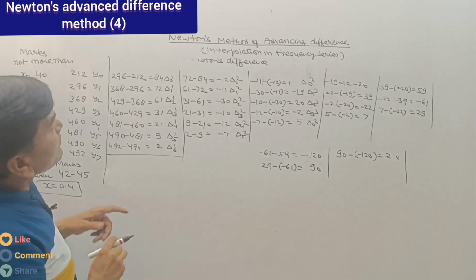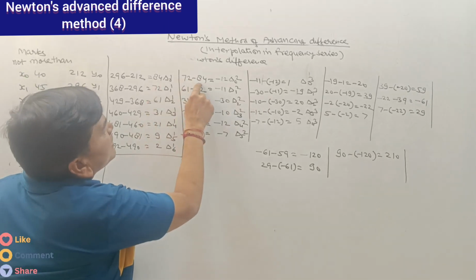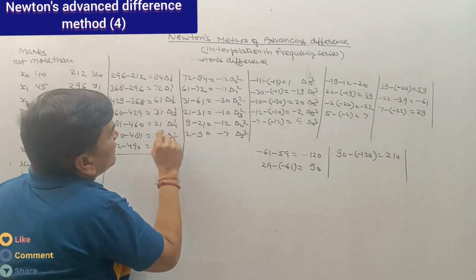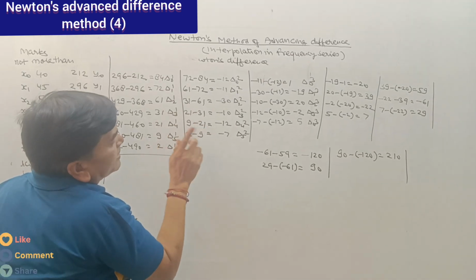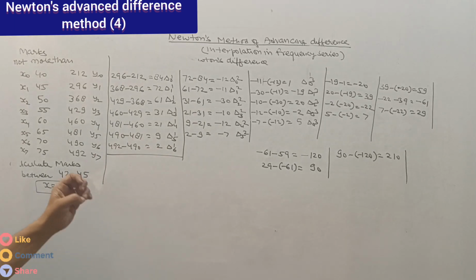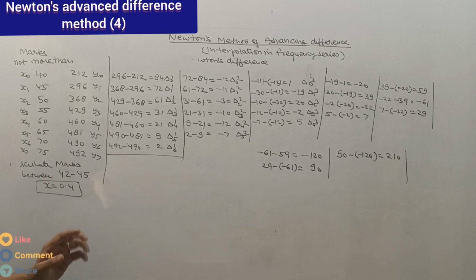Then we calculated other differences: 72 minus 84, 61 minus 72, 31 minus 61, 21 minus 31, 9 minus 21 and 2 minus 9. We should be very careful in this type of question. The plus minus value should be handled carefully, otherwise you will make a mistake.